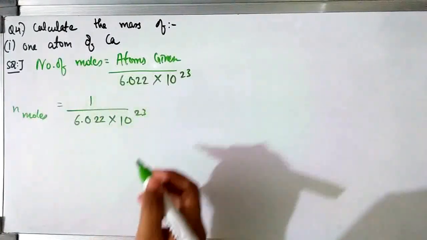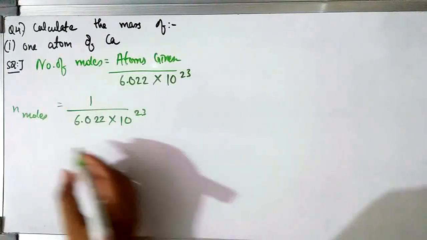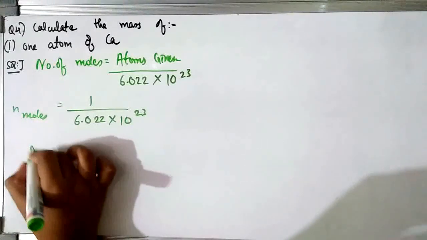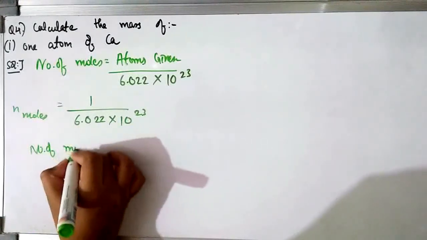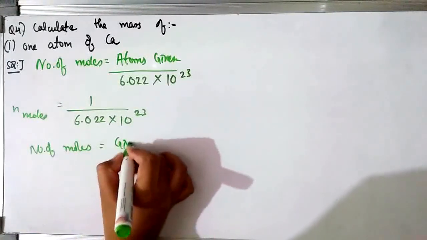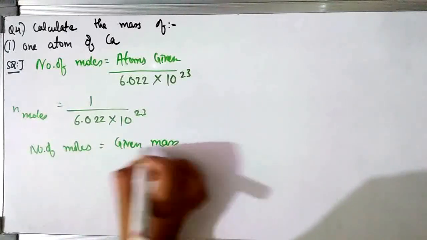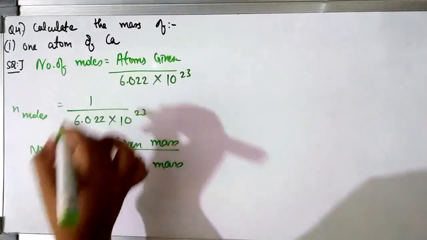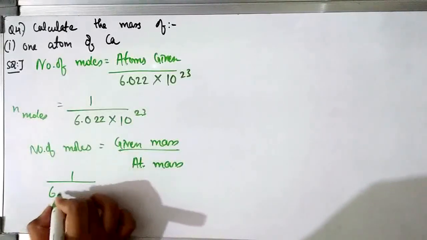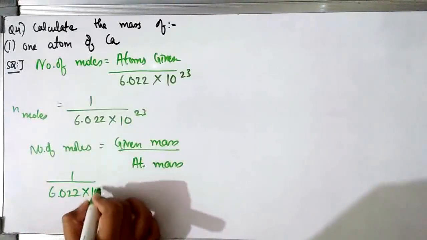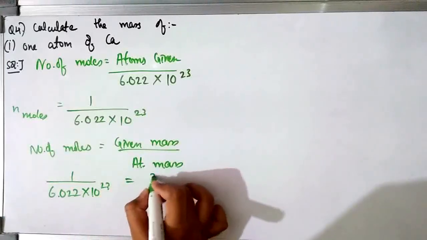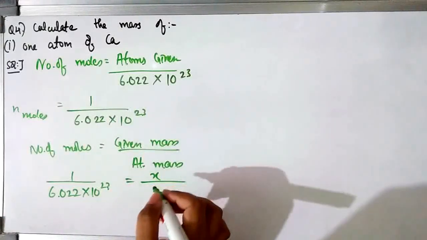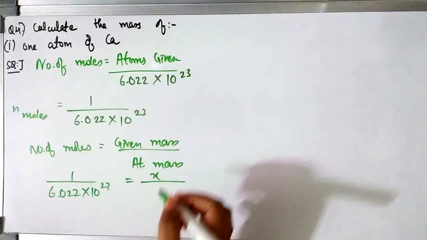Now we have to calculate the mass of the calcium. For the mass, we have again this formula, that number of moles is equal to given mass upon the atomic mass. Now we have the number of moles, which is 1 by 6.022 into 10 to the power 23, which will be equal to given mass. Let us consider the given mass to be x, because we have to find that.